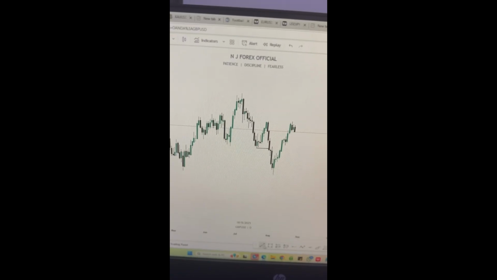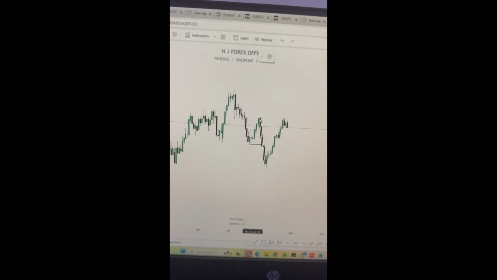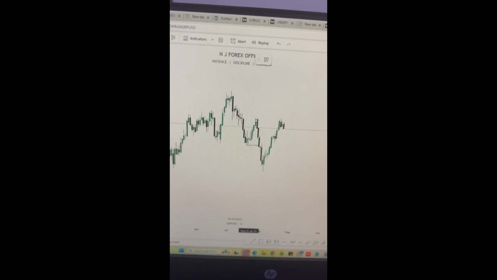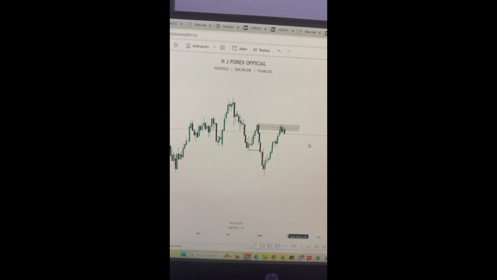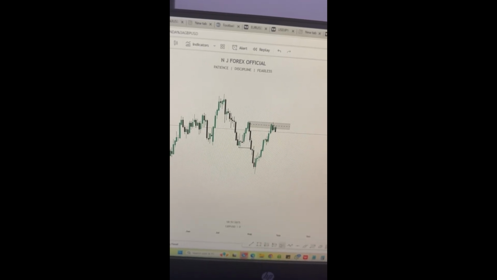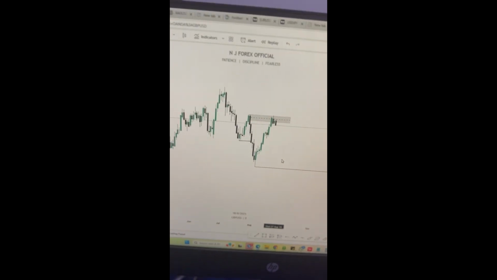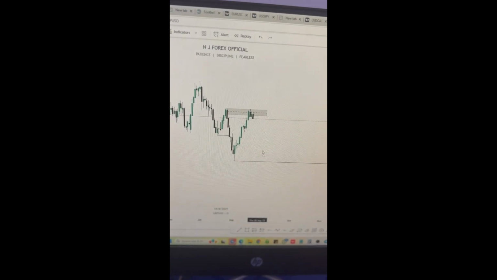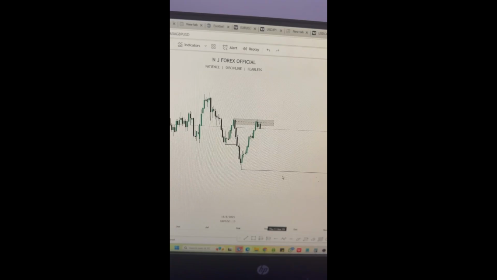So whenever we have this, we just mark our supply zone, which is this zone, the zone which caused the break of structure to the downside, and this zone is the low, which is our draw on liquidity on the higher time frame. So we expect the market to pull down right to this side if it's to continue the downtrend.